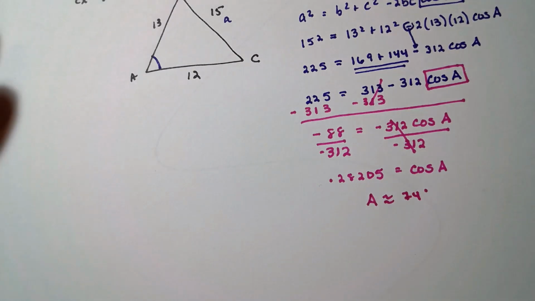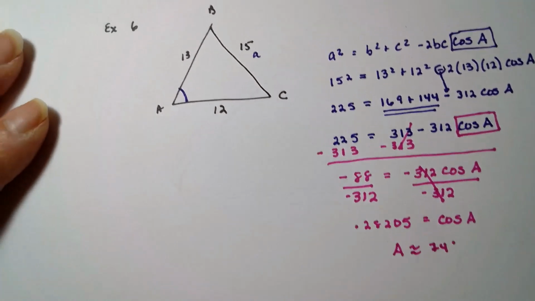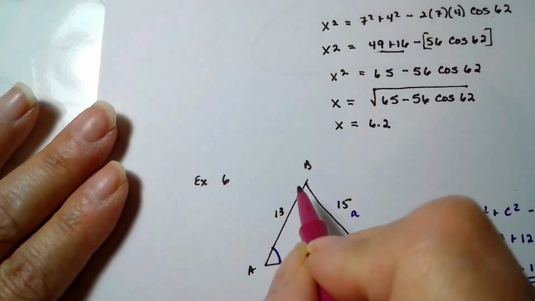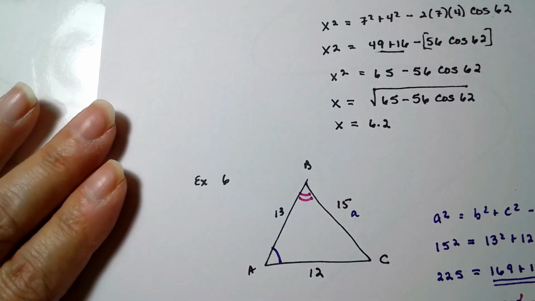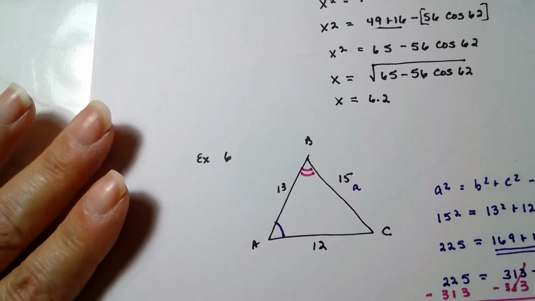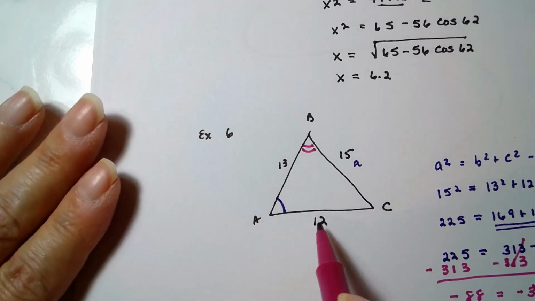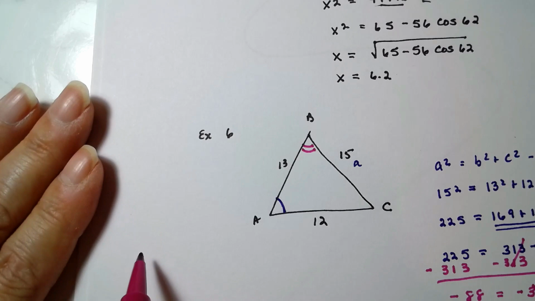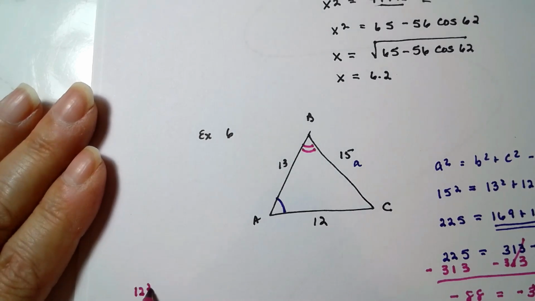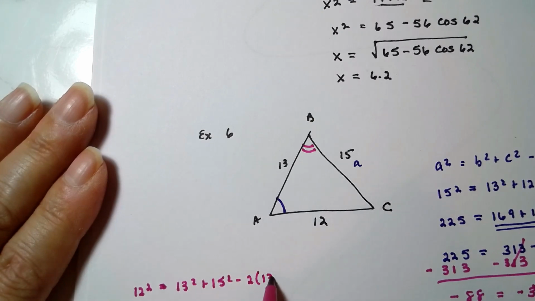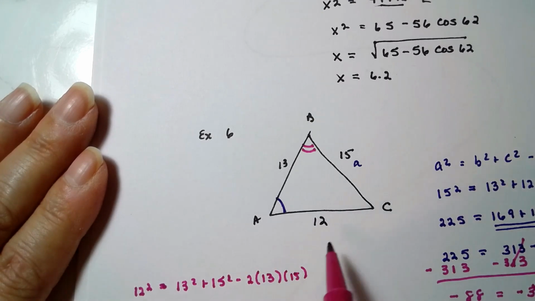What if we wanted to find the measure of angle B? What if we want to find this measure now? It's not a problem, right? I'm going to start with the side opposite. 12 squared is equal to 13 squared plus 15 squared minus 2 times 13 times 15 times the cosine of B, because that's the angle I'm looking for.